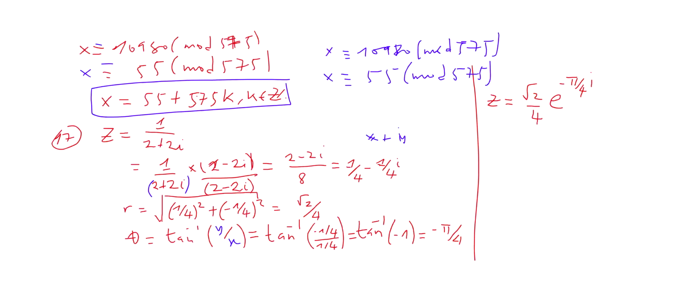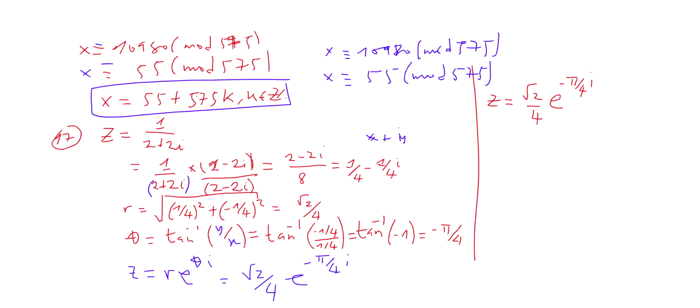Now we can write z in exponential form, which usually looks like r e to the power theta i. So in our case, our r is square root of 2 over 4, and then our theta is minus pi over 4 i.